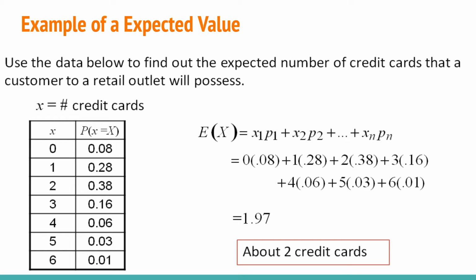Then we calculate the expectation value, which, as I have told you earlier, is the summation of x into its probability of attaining that particular value. It is given by x1 p1 plus x2 p2 and so on to xn pn, and we sum them up by multiplying them. We get 1.97, which shows the overall mean: the mean number of cards held by a customer.